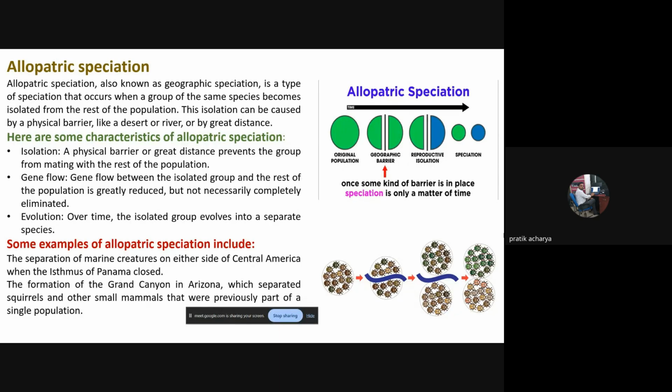It also encourages the adaptation process. That is another importance. Got it? Got your answer?